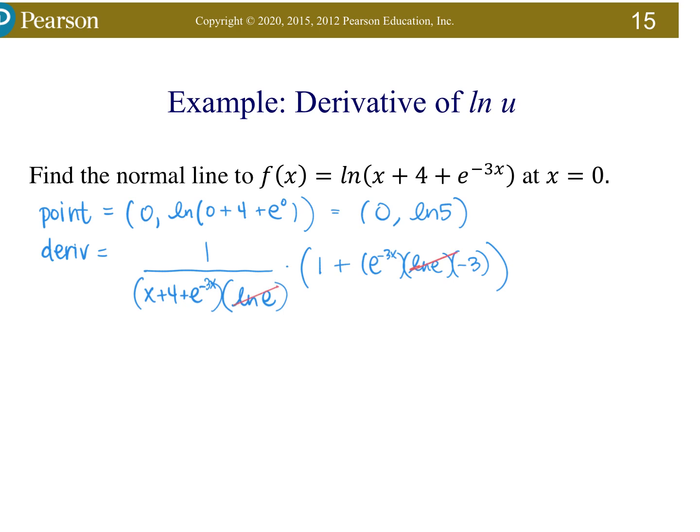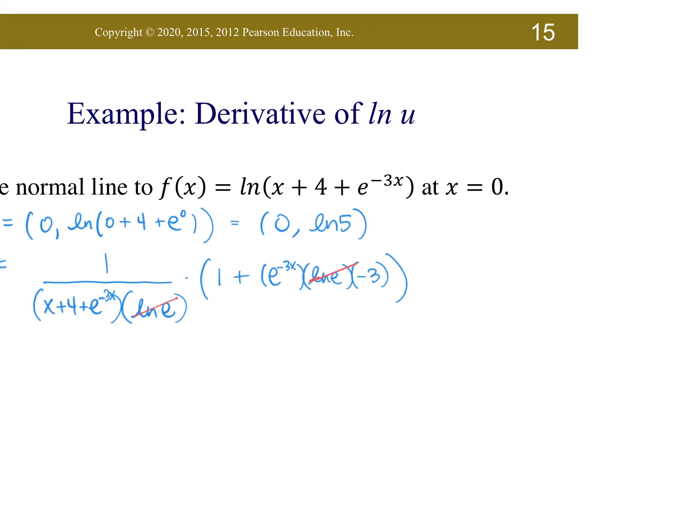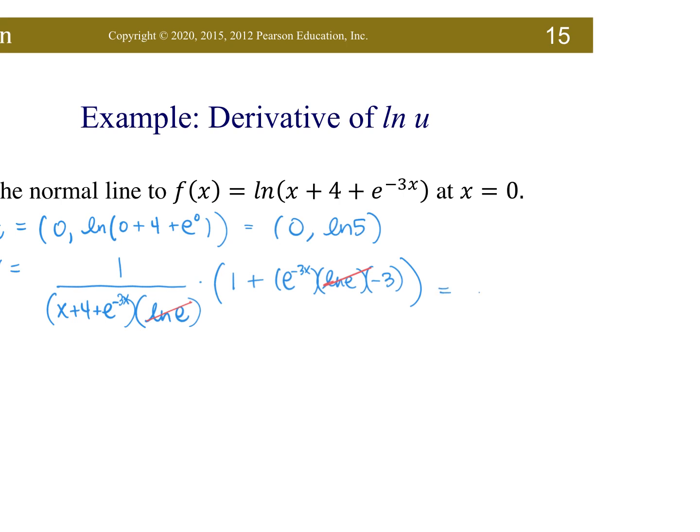And so we can simplify this to what is in the numerator versus what is in the denominator. So the numerator is going to be 1 minus 3e to the negative 3x. And then the denominator will just turn out to be x plus 4 plus e to the negative 3x. And those e to the negative 3x's don't reduce each other, even though they each have 1, because this is an addition and subtraction problem.